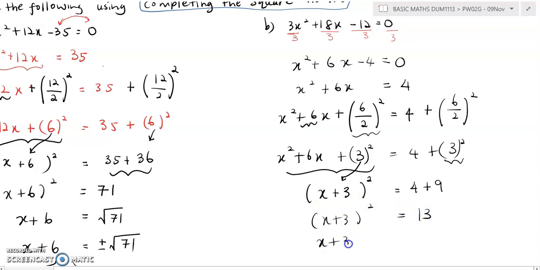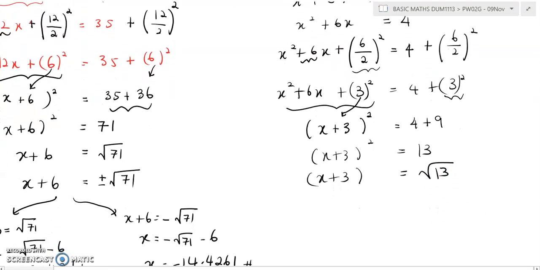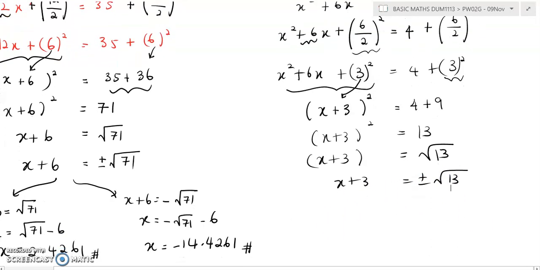So x plus 3 equals square root of 13. x plus 3 equals plus or minus square root of 13. So we also have two solutions for this problem.